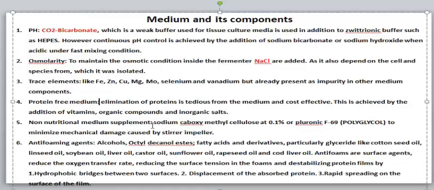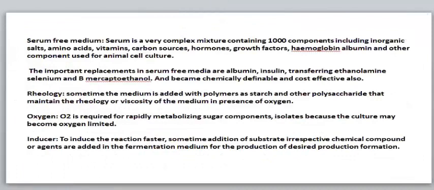Certain other non-nutritional chemicals are also added. This is to prevent mechanical shearing due to continuous movement of the shaft. Serum-free medium. Serum contains several kinds of nutrients, vitamins, amino acids.